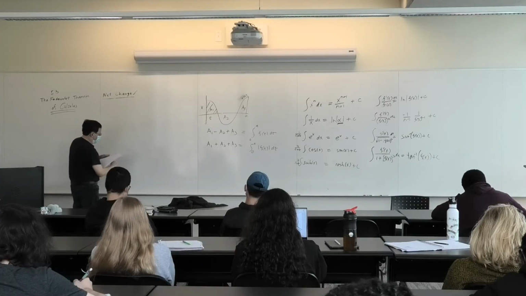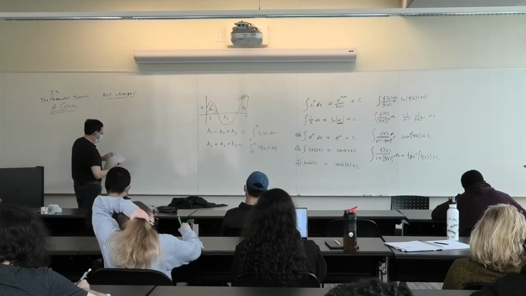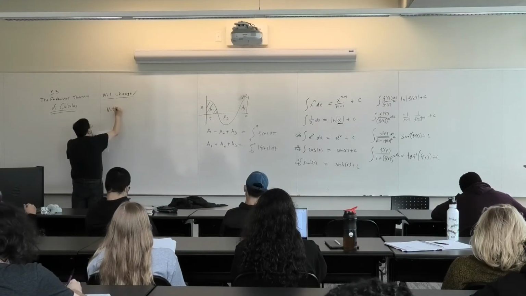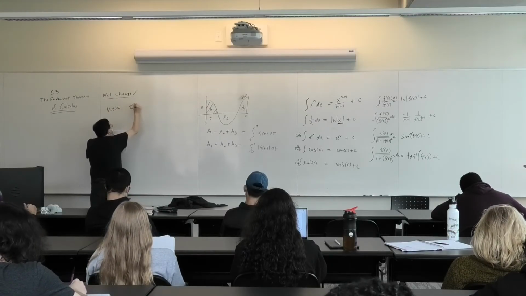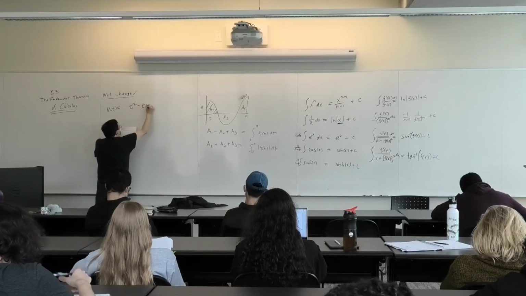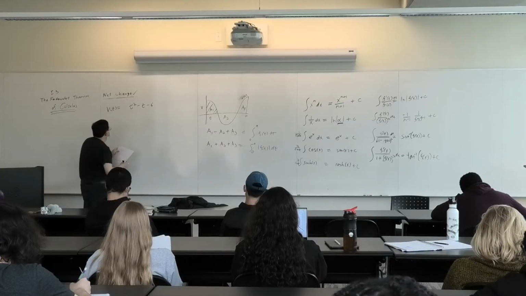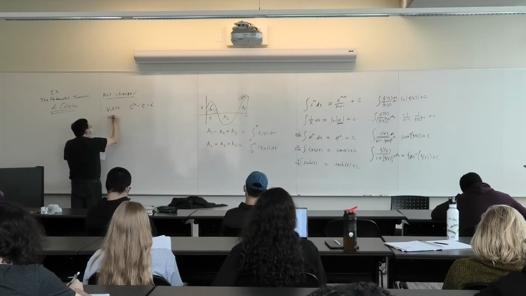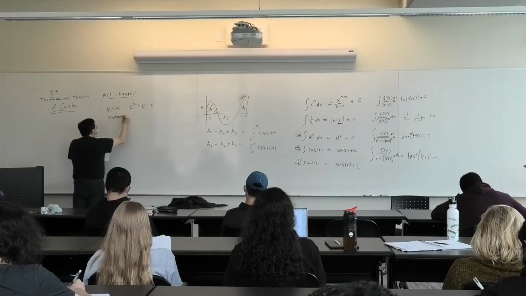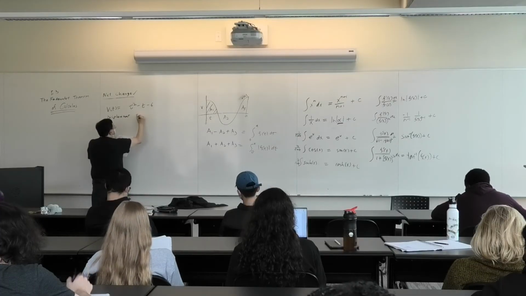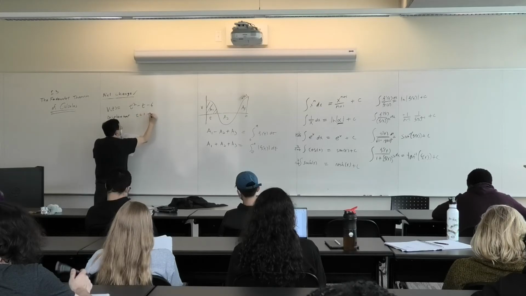So in this example, we have a particle with velocity t squared minus t minus 6. And first thing we want to know is the displacement as it goes from t1 equals 1 to t2 equals 4.